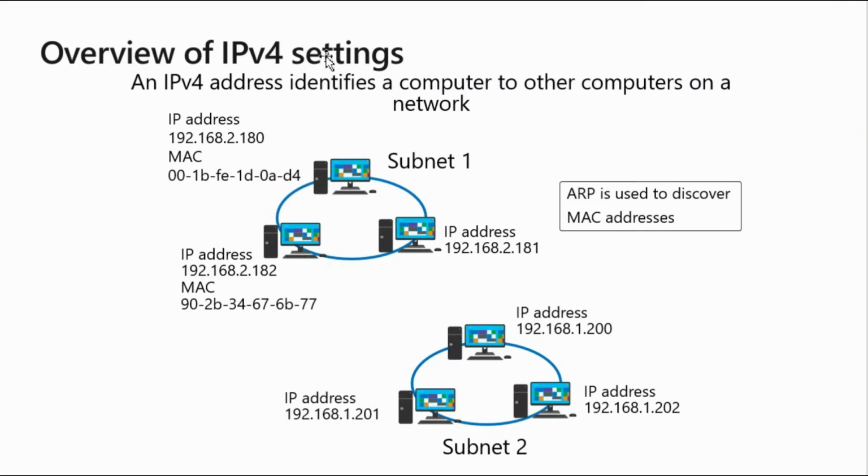Now, an overview of IPv4 settings. IPv4 is Internet Protocol version 4. The majority of IP address assignment we do is with IPv4. In any networking device, we need to have an IP address. An IP address is kind of their location information. For example, if you are in this classroom, we have a separate IP address for this classroom, provided by these routers.